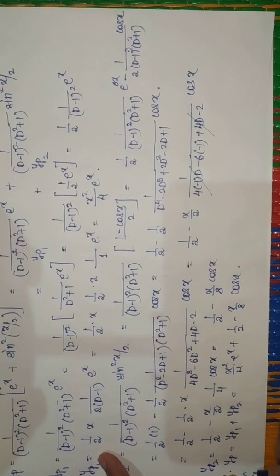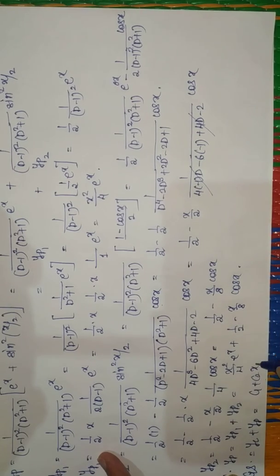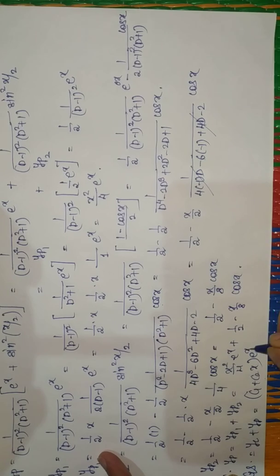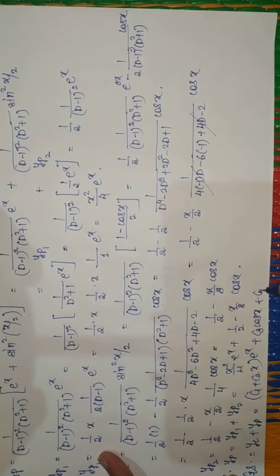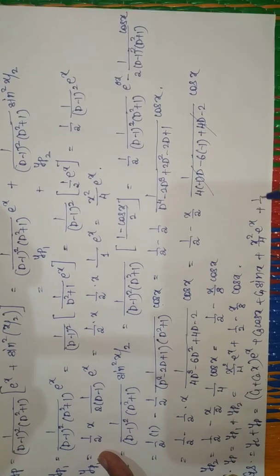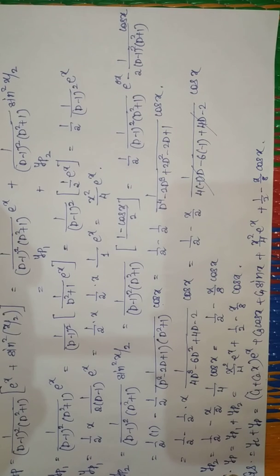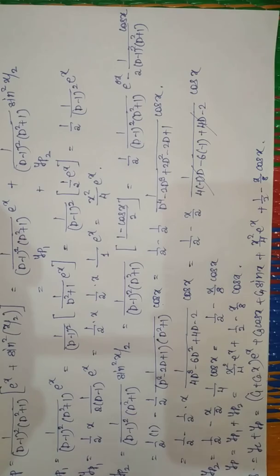Now we are able to write the general solution, which is yc plus yp, which is equivalent to (c1 plus c2 x) e to the power x plus c3 cos x plus c4 sin x plus x square by 4 e to the power x plus half minus x by 8 cos x. This is the required solution of the given differential equation. Now we will solve one more.